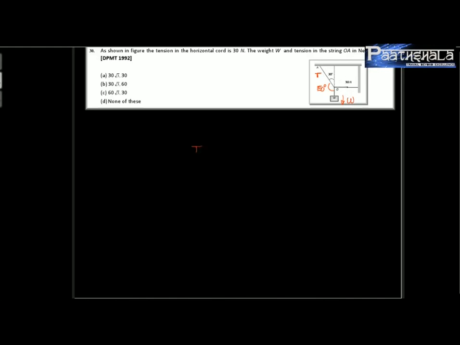So according to Lami's theorem, T divided by sine 90 is equal to 30 divided by sine 150 is equal to W divided by sine of, please figure out that the angle is 120. Now let us look at the sine graph.